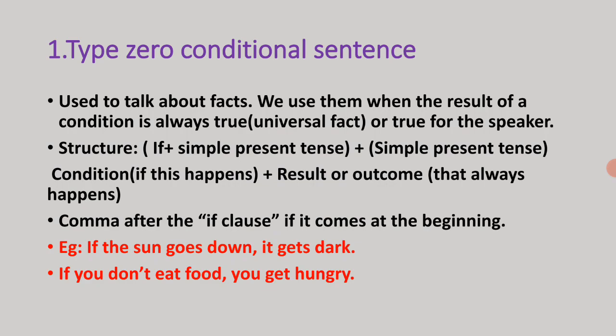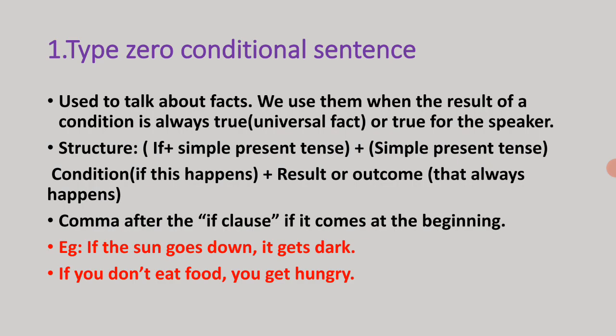When will we use type 0 conditional sentence? It is used to talk about facts. We use them when the result of a condition is always true or true for the speaker. So we have told in a conditional sentence there will be a conditional clause and the next part will be the result clause or the outcome. So the outcome will be a universal fact here.